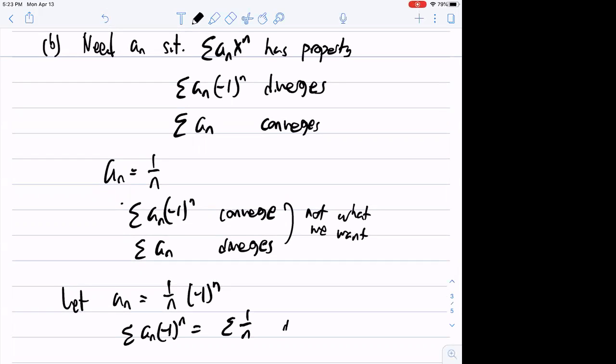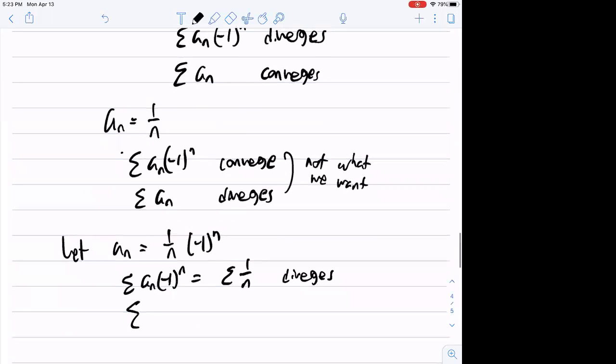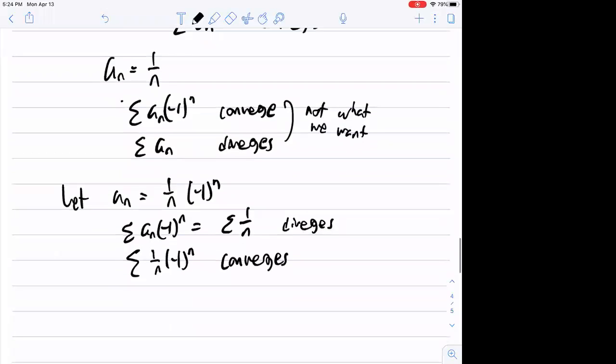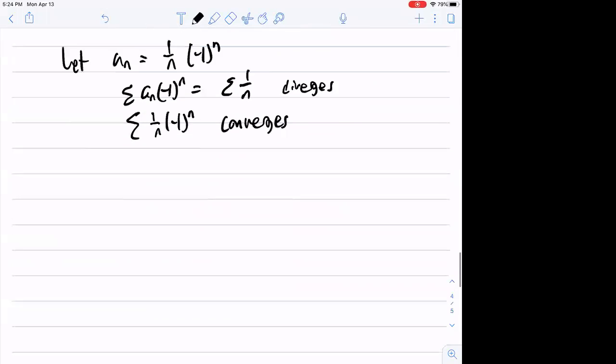So this thing diverges while the sum of a_n converges. If you forgot why, it's the alternating series test.